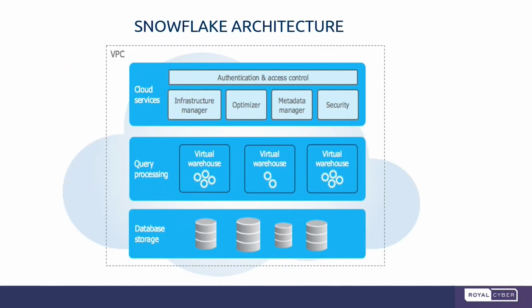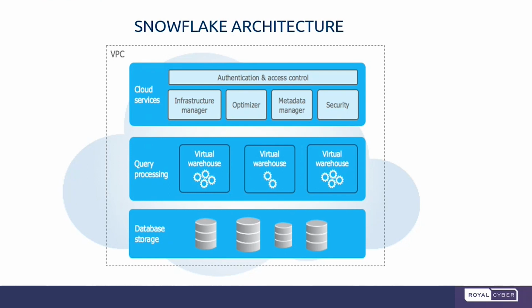Okay, so Snowflake architecture has 3 layers. The bottom layer is the data storage layer. All the data of Snowflake is stored in this layer. Since Snowflake is a cloud service, the storage might be AWS, or Azure Blob storage, or GCP storage.